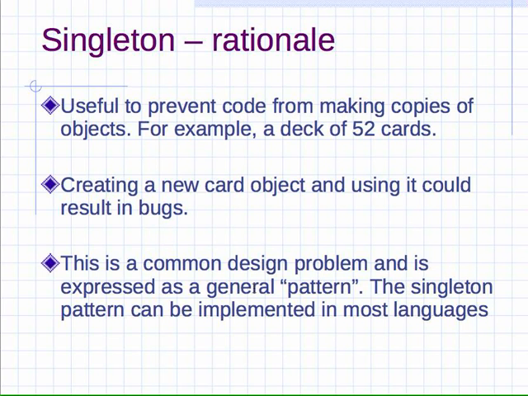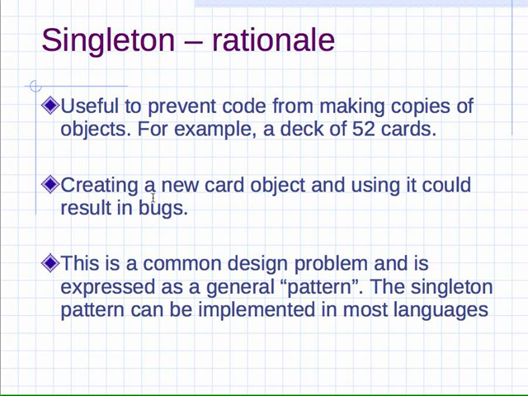Okay, rationale for singleton. This is useful to prevent code from making multiple copies of objects. For example, a deck of 52 cards. You don't want to have two ace of diamonds, or two king of diamonds, or king of hearts, or queen of spades, whatever. You only want one of each. Creating a new card object and using it could result in bugs.